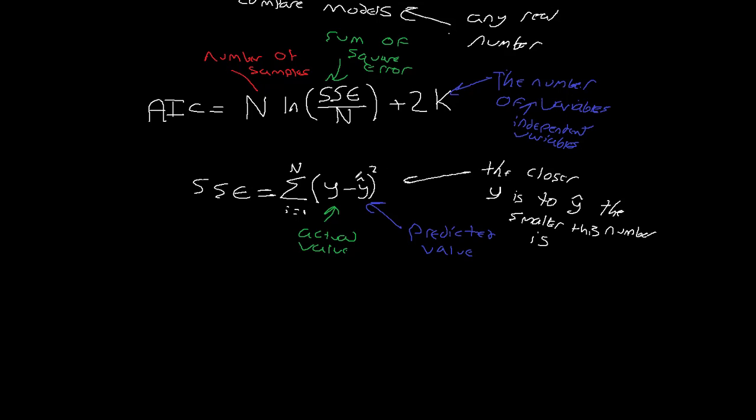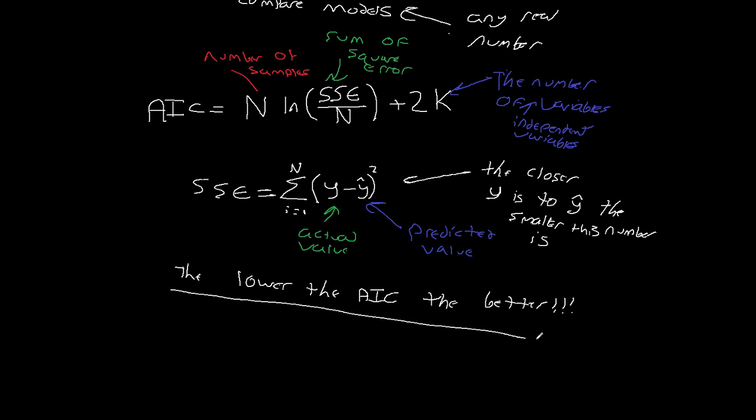Hopefully everybody sees and understands that. Because this is going into this, and we're also dividing by n, the lower the AIC, the better.